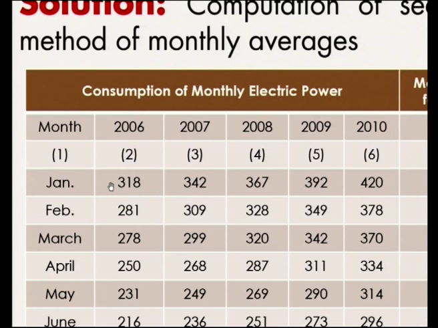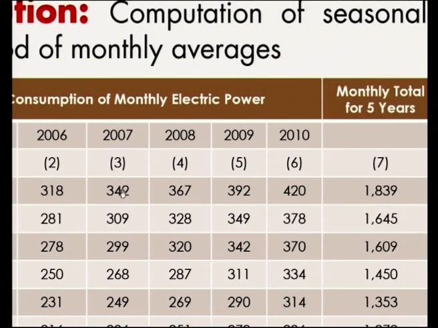So, this total 318 plus 342 plus 367 plus 392 plus 420 gives you 1839, and this total is obtained by adding 5 years, isn't it? 2006 is the 1st year, 2007 is the 2nd year, 2008 is the 3rd year, 2009 is the 4th year, and 2010 is the 5th year. So, this particular total 1839 is obtained by adding 5 values.